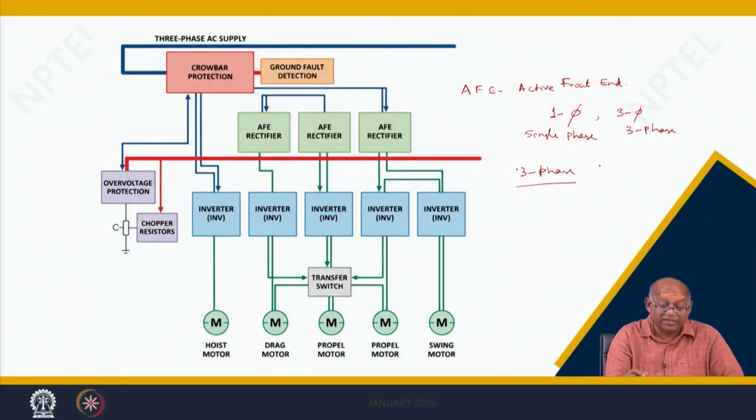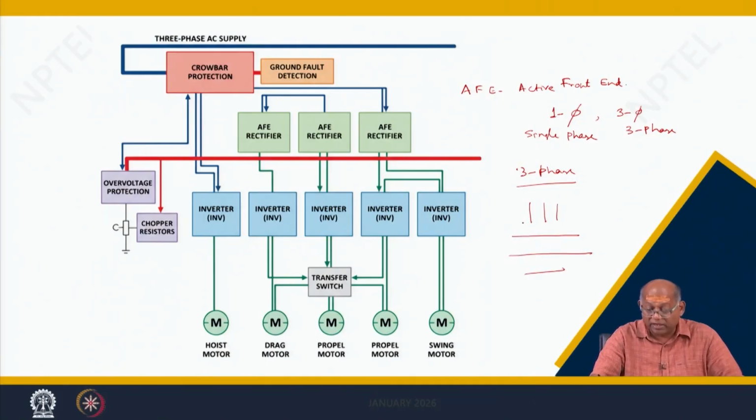So, this 3 phase system comes here, there is a protection, there are bus bars here, that means the 3 phase system comes here like this, there are bus bars 1, 2, 3. So, they are connected here, one phase here, one phase here and another phase here, they are connected through circuit breakers. So, these are called bus bars or crow bars, whatever. So, they actually have some protection for ground fault.